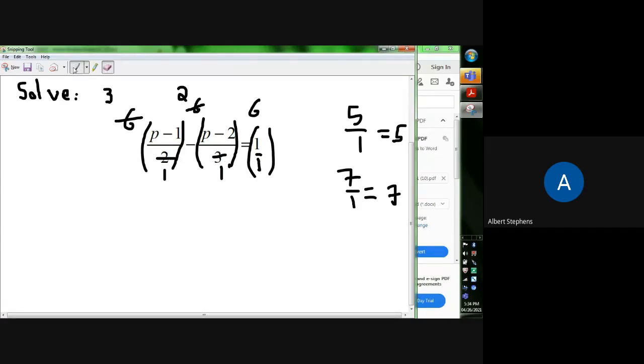So what we have here now is 3 at the top, 3 bracket p minus 1. So it's this 3 times the top piece. Subtract, that's this subtract here.